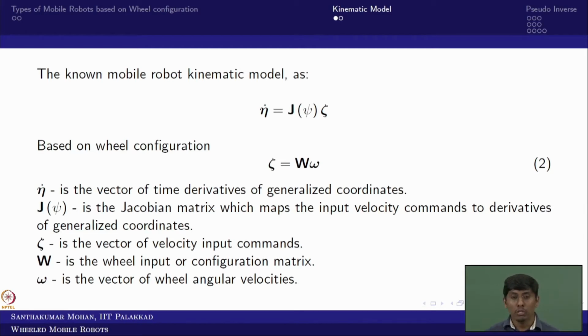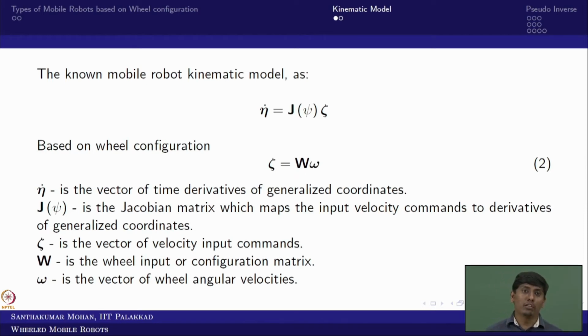Yes, you can do. For example, if you take a land based system, what would be the rank of W? The left hand side, zeta, would be 3 cross 1, whereas W can have a maximum of 3 cross n. The n can be less than 3 or more than 3, but the maximum possible rank for W is 3, and how many motions are required? 3.